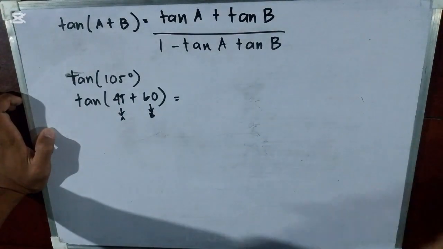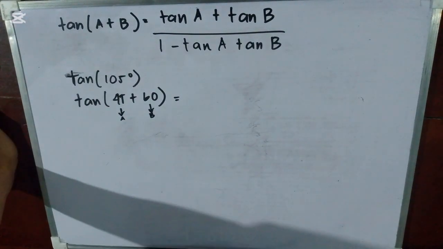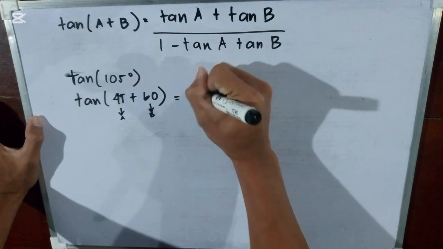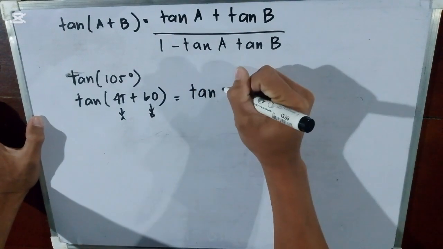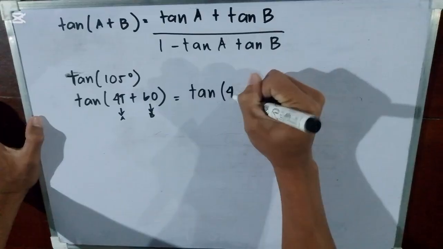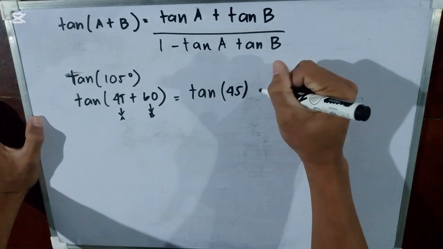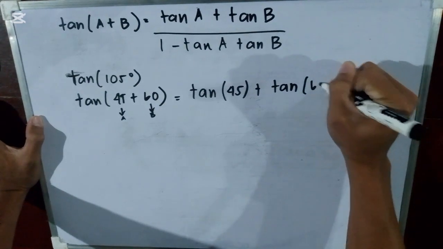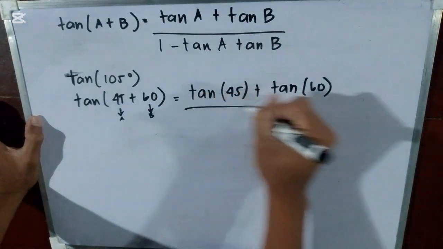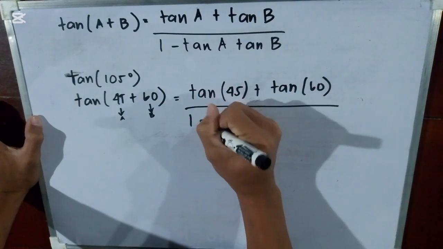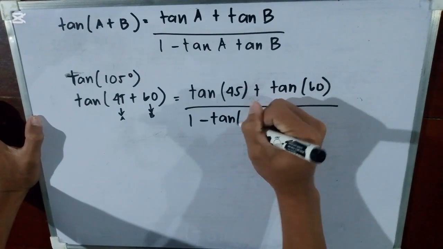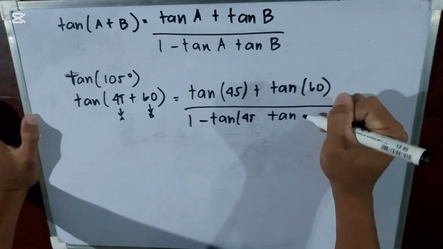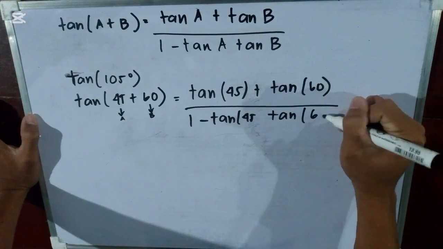Now let's substitute these two corresponding angles. Tan A, 45 degrees, plus tan B, 60 degrees, over 1 minus tan A, or 45 degrees, and tan B, or 60 degrees.